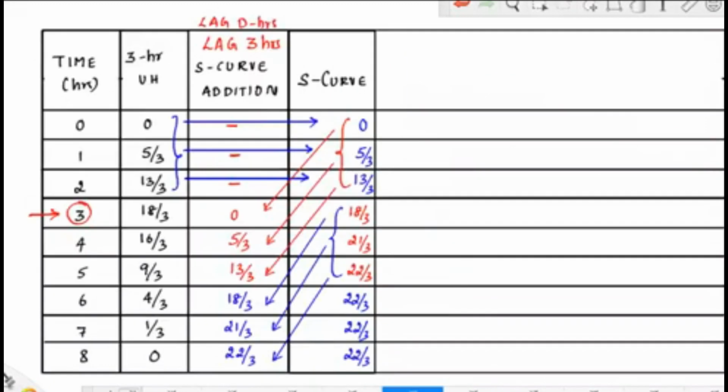So already this is the S curve which is starting from 0. So the SA curve should start from here. S curve addition here. Okay. The SA curve should start from 0. As this itself is the S curve which is starting from 0, I will call this the SA curve.